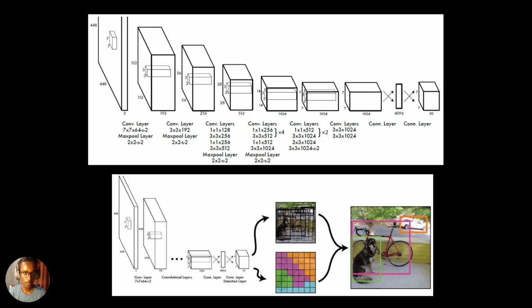Another max pooling layer with a stride of 2 is going to reduce the dimension by half again, and the next layer will have a dimension of 112. We also perform a conv layer and max pool layer, and the max pool layer has a stride of 2, so the dimension will be halved again. We perform a bunch of 1x1 and 3x3 convolutions, and finally a max pool layer, which reduces the spatial dimension.